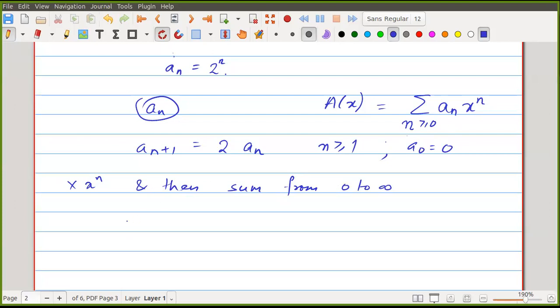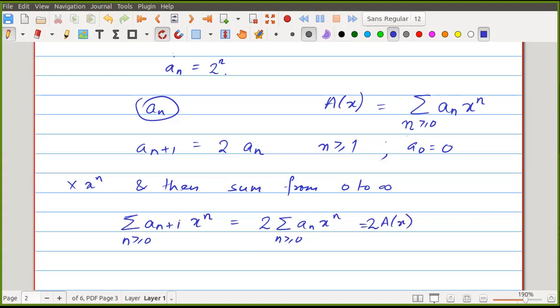This is how you're going to receive this. So let's start. You're going to get the summation of a(n+1) x raised to n, starting from 0, to be equal to 2 times, I can take 2 out, right? The summation of an x^n, n greater than or equal to 0. Correct? So this is nothing but A(x) itself, 2 times A(x).